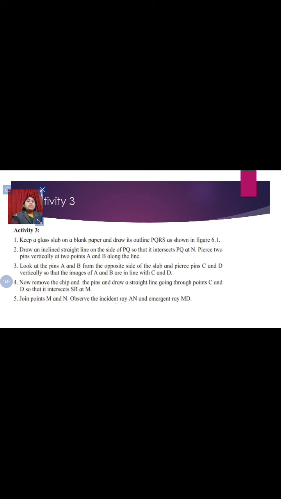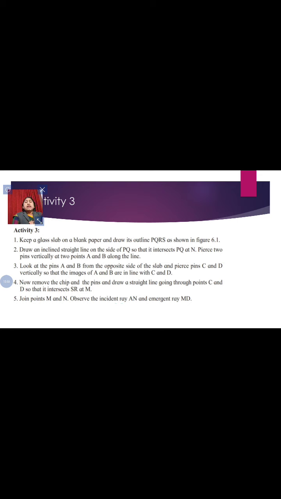Press the pins C and D vertically so that the images of A and B are in a line with C and D. That means if we observe the 4 pins A, B, C and D at that time, these 4 pins are seen in a straight line direction.